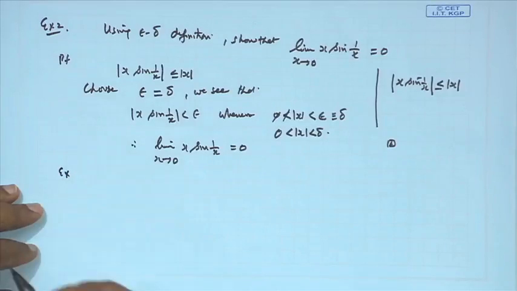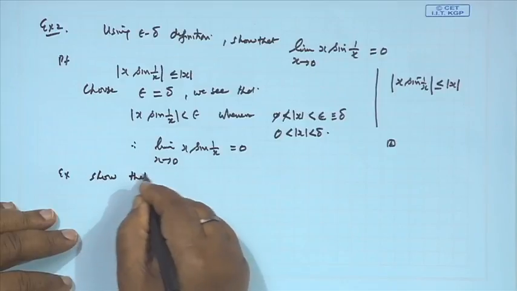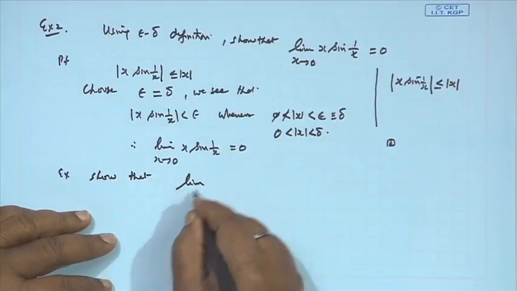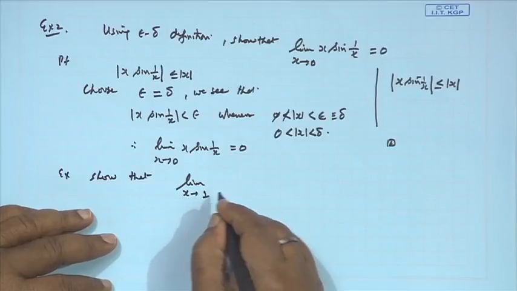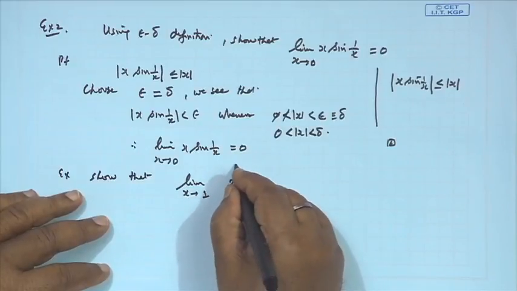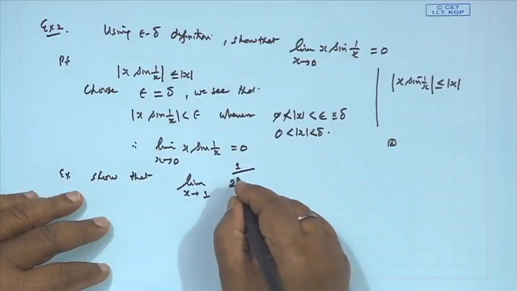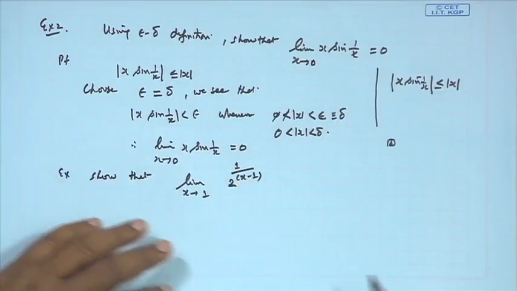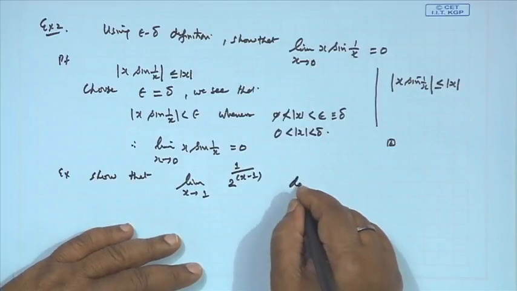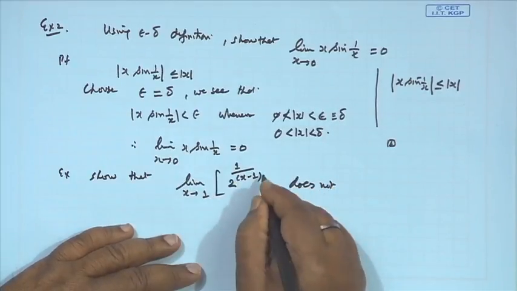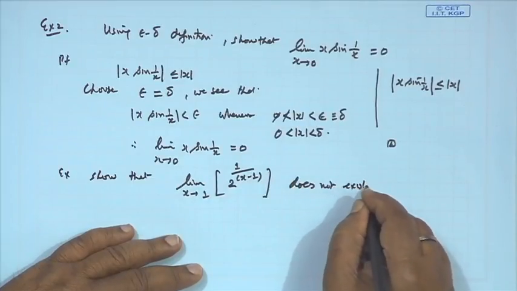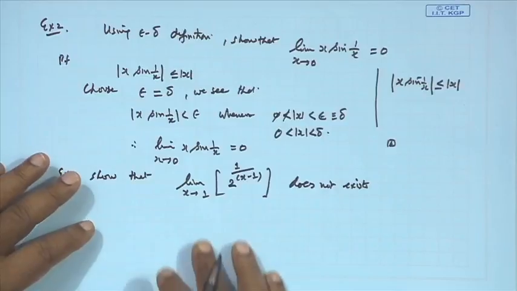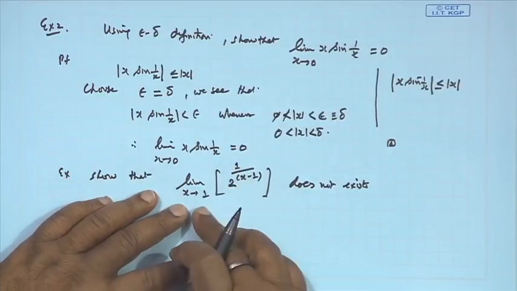Now, sometimes we say the limit does not exist. For example, the limit of 2 to the power 1 over x minus 1 as x tends to 1 does not exist.